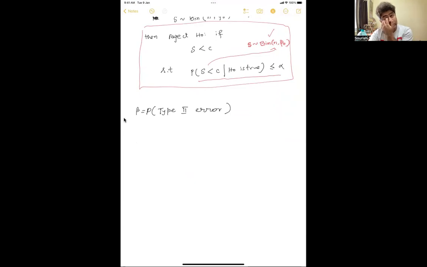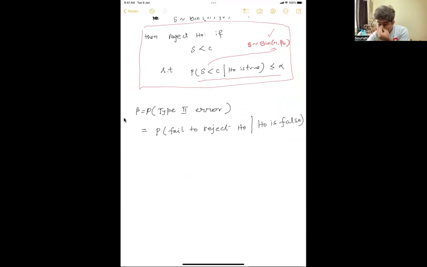Now, the probability of type 2 error is the probability of failing to reject H naught when H naught is false. Correct?